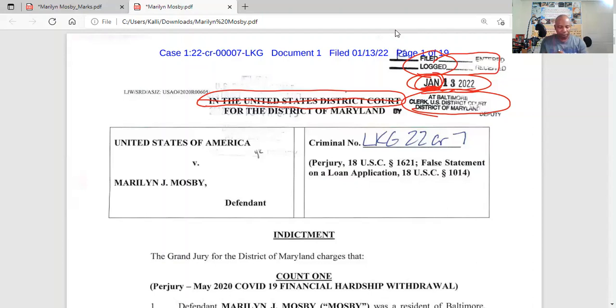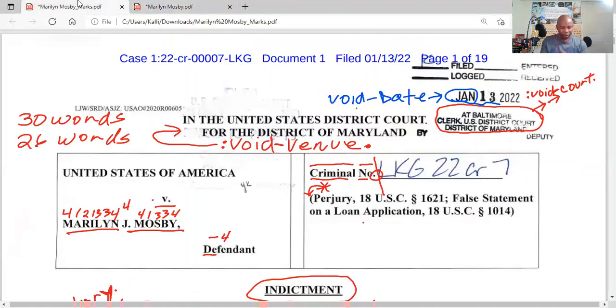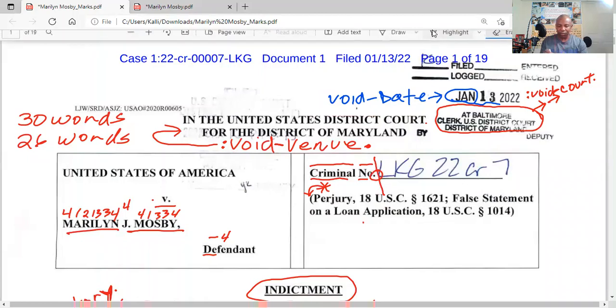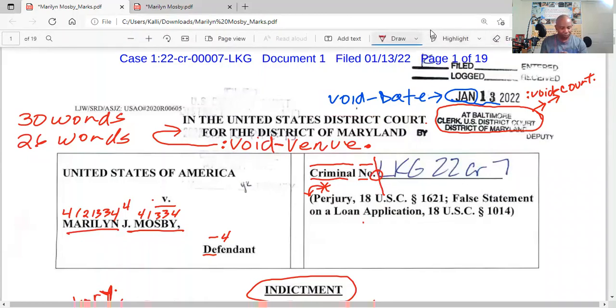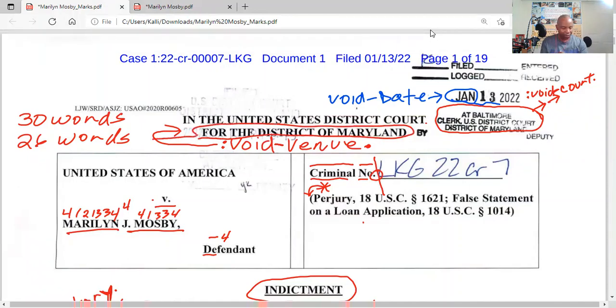Most people may think that this is a venue, that they're declaring the venue, but this particular formulation of acronyms is actually 26 words, and this particular formulation of abbreviations is actually 30 words.